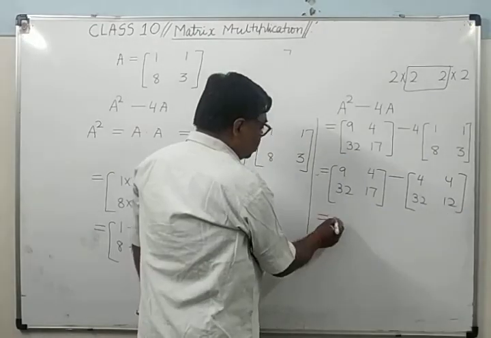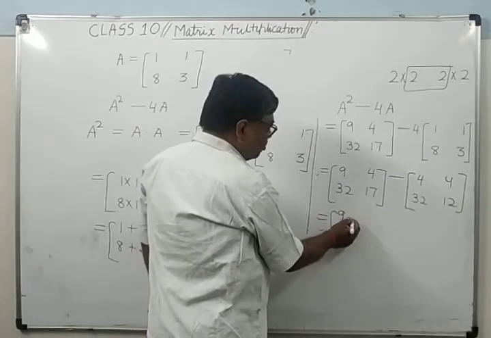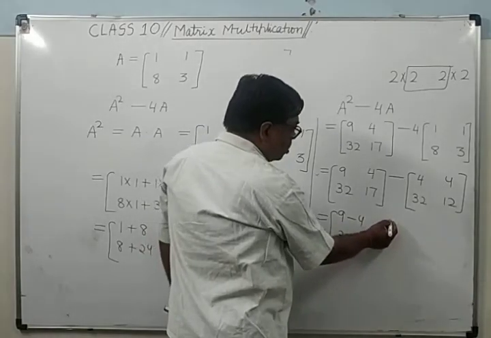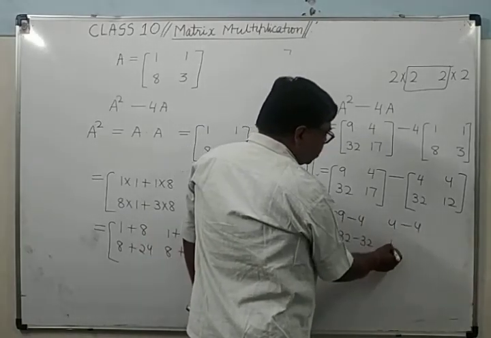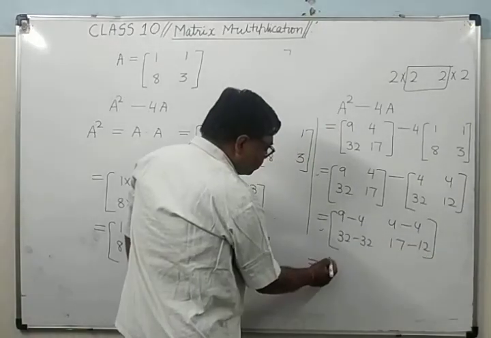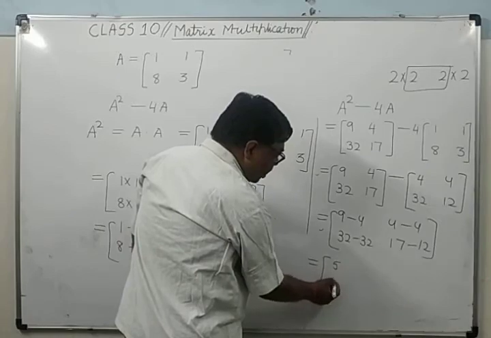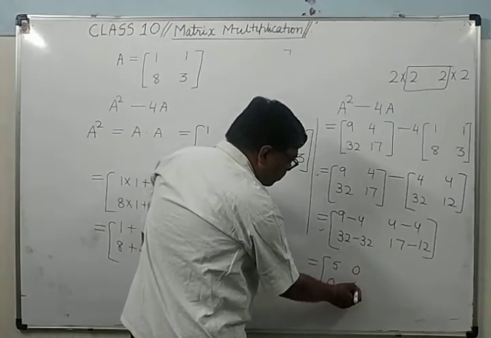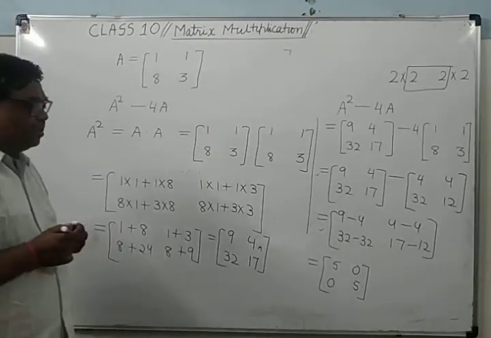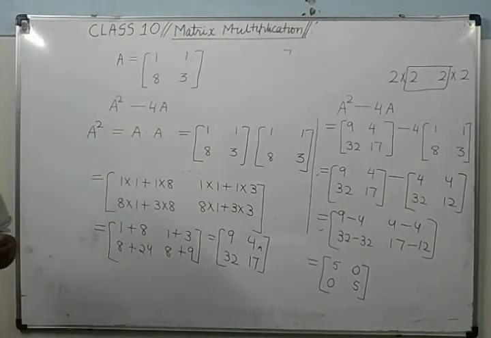Then you do the subtraction: 9 minus 4, 4 minus 4, 32 minus 32, 17 minus 12. When you perform this, it will come out [5, 0; 0, 5]. This is clear? This will be the value.